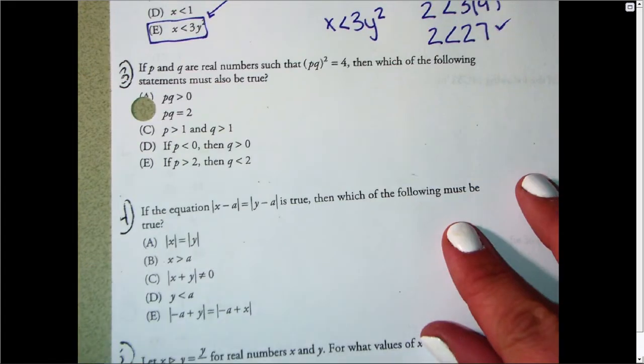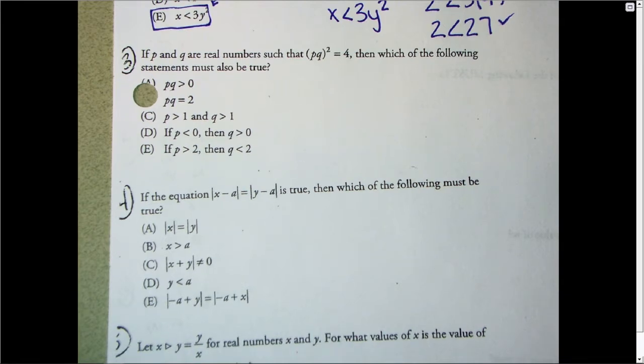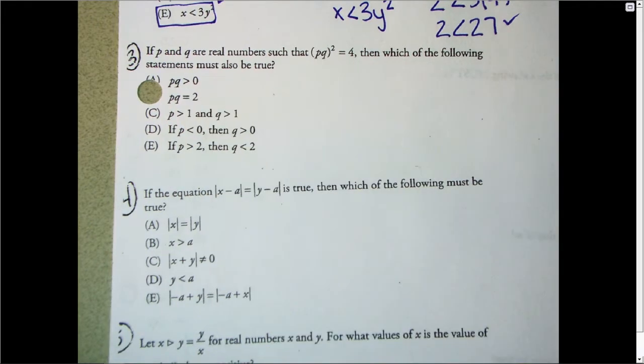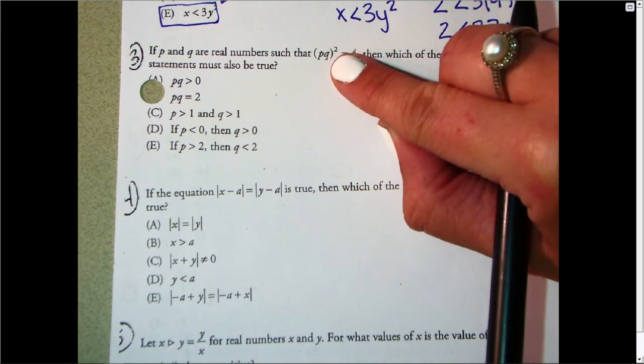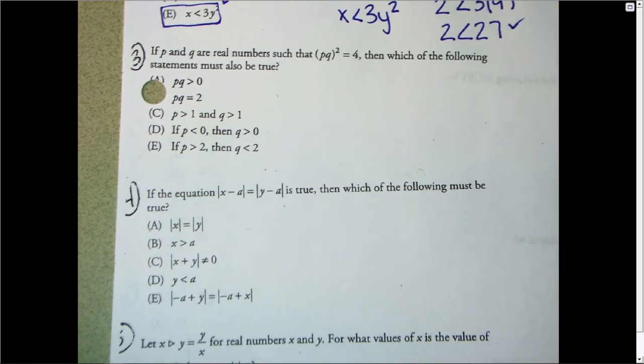Okay, number 3. If p and q are real numbers such that pq squared equals 4, which of the following statements must be true? So looking at our answers, p times q is greater than 0. Well, things you need to remember. Anytime that you square a number, you could also use -2.